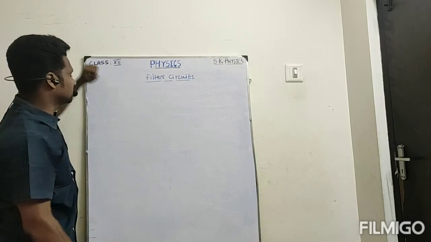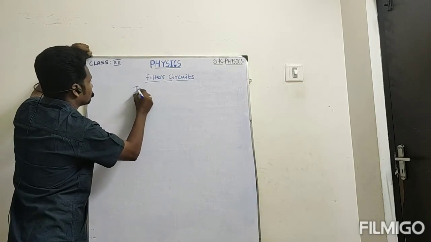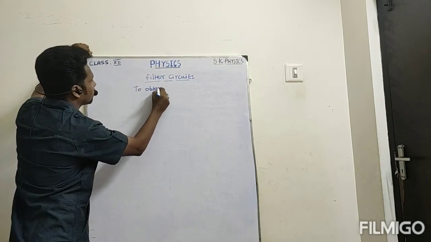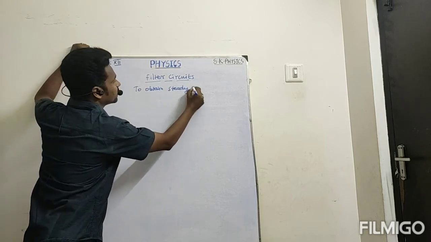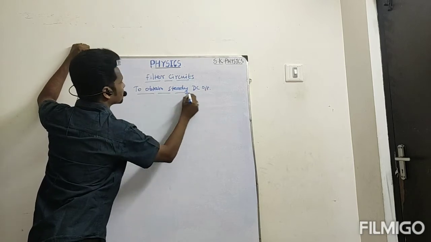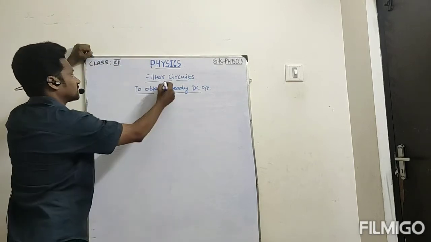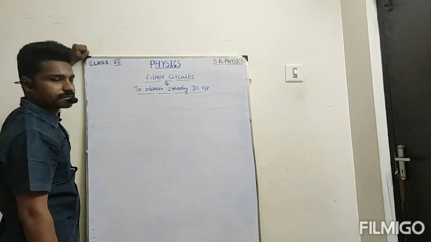Okay, so please listen. By using the filter circuit we obtain a steady DC output. This is the purpose. The purpose of the filter circuit is to obtain a steady DC output.